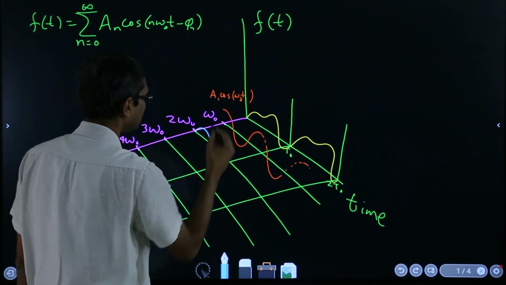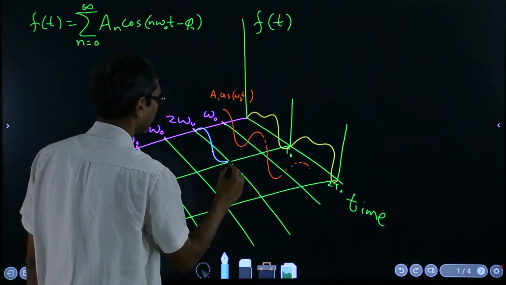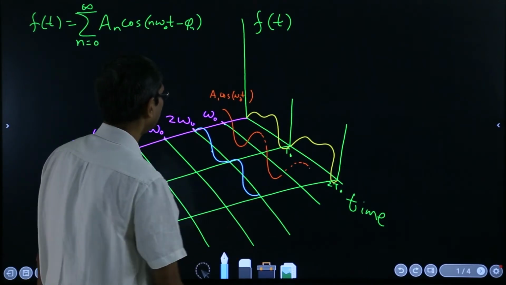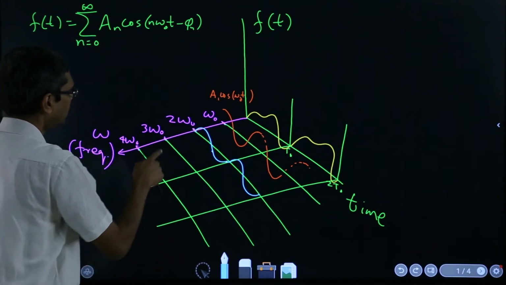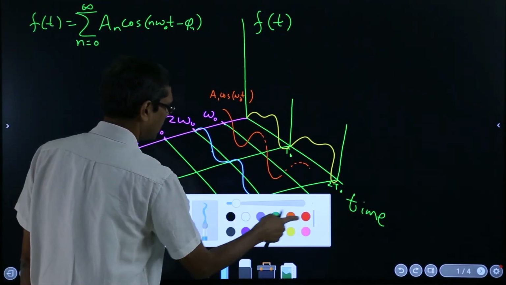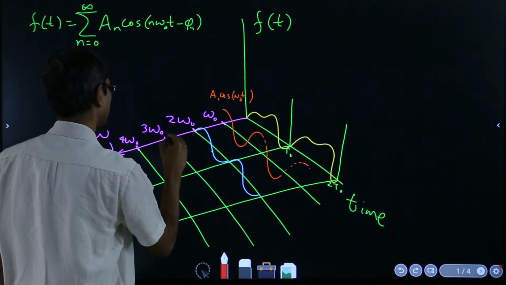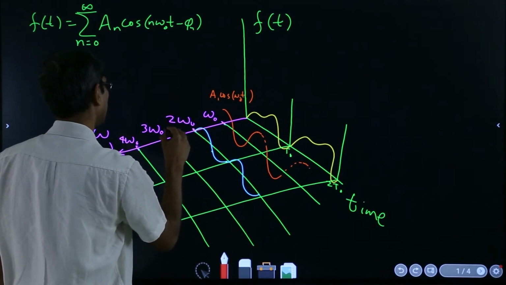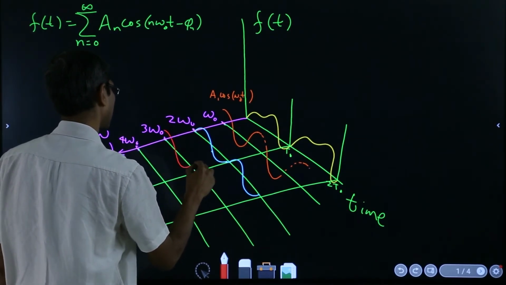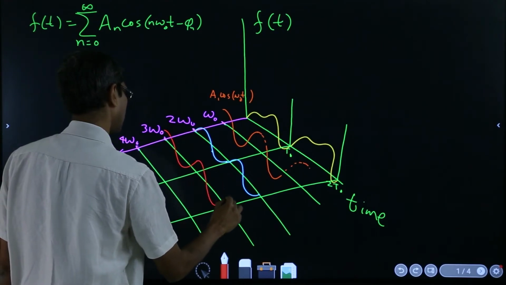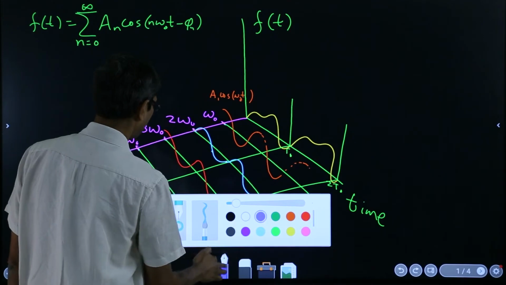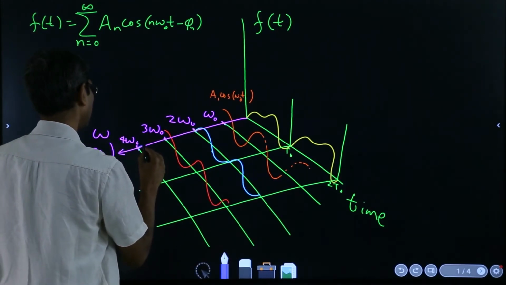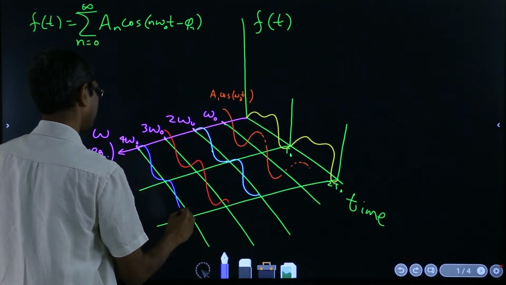That means the phi is such that it has become a sine function. Similarly, if I go to the third one, maybe it has become something like this, and the fourth one, maybe again something like that.